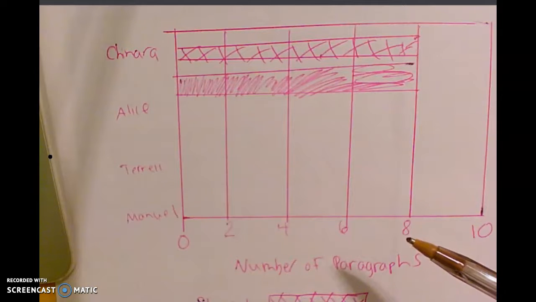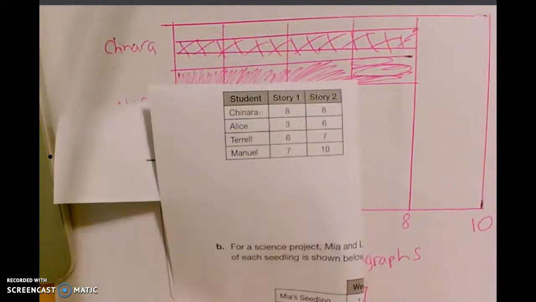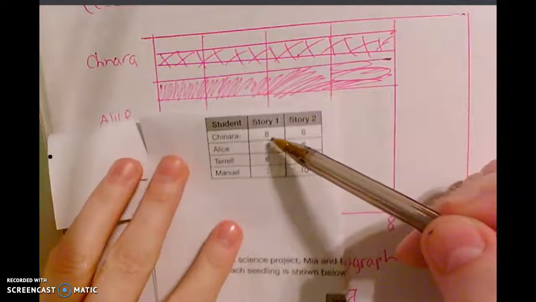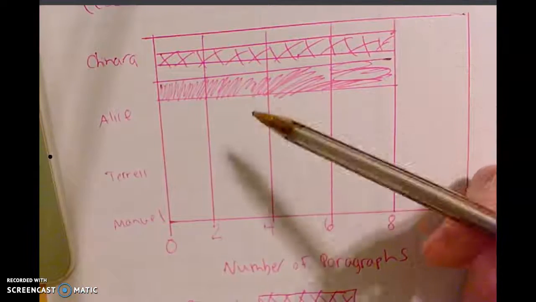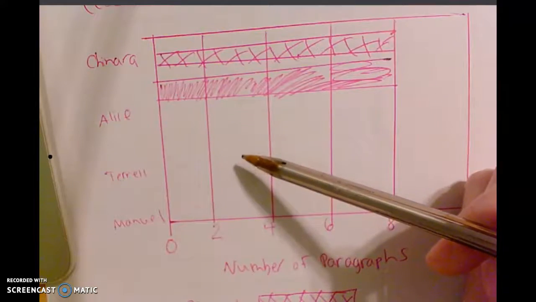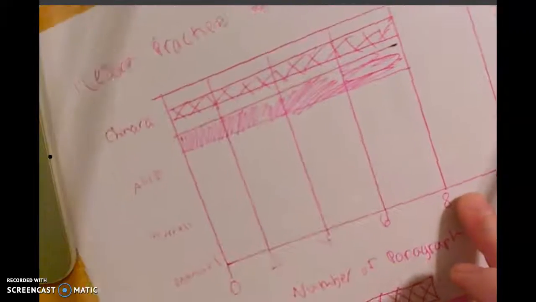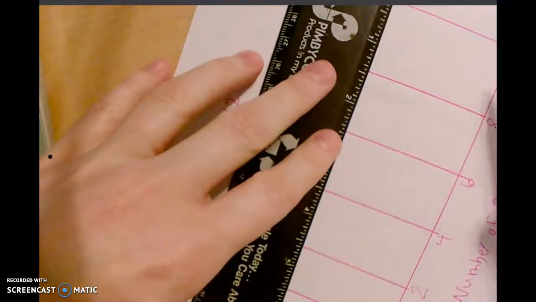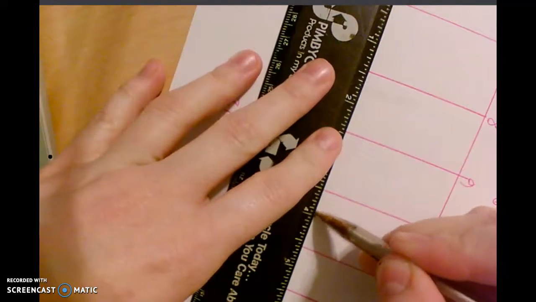Then we have Alice, and Alice, her first story was a 3. So we do not have a 3 here because we're going by increments of 2. So we're going to put Alice at about in the middle here.